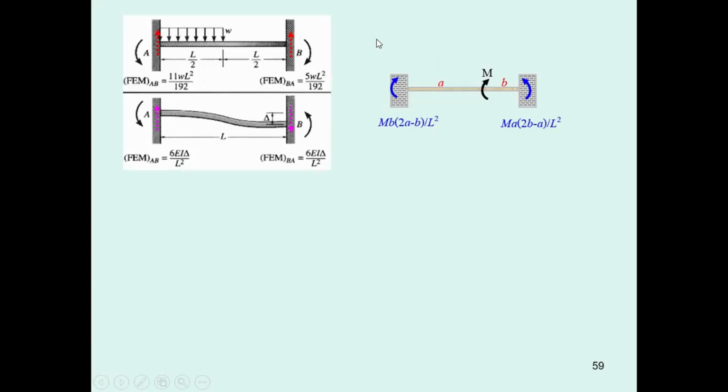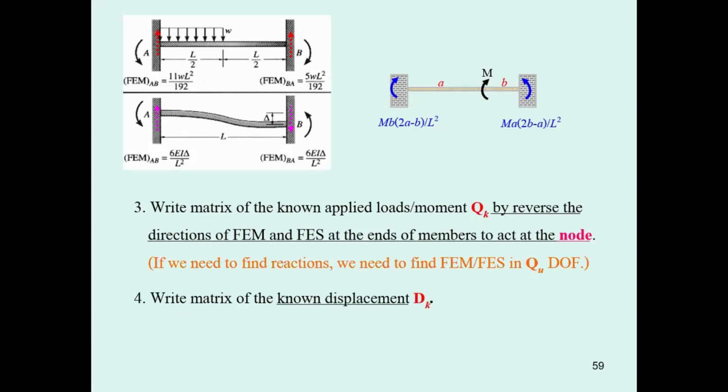Now, all of this applies at the end of the member. You have to determine Q sub k by reversing the obtained fixed end moment and fixed end shear at the end to apply at the node.